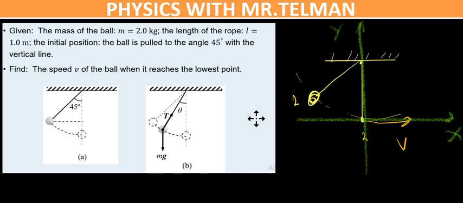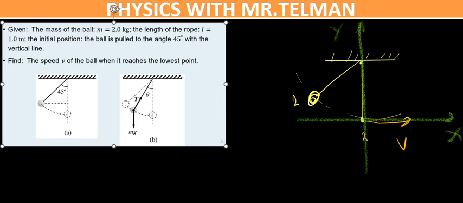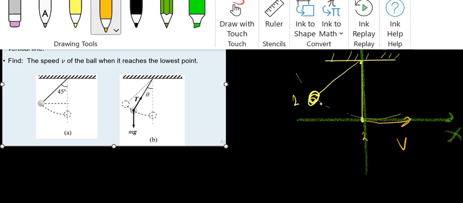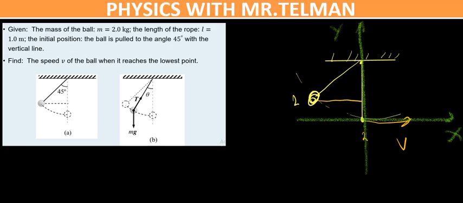At point 1 it has some elevation. Let's see. The elevation is here, and this elevation is the h, and this is the length of the rope, which is also this one.